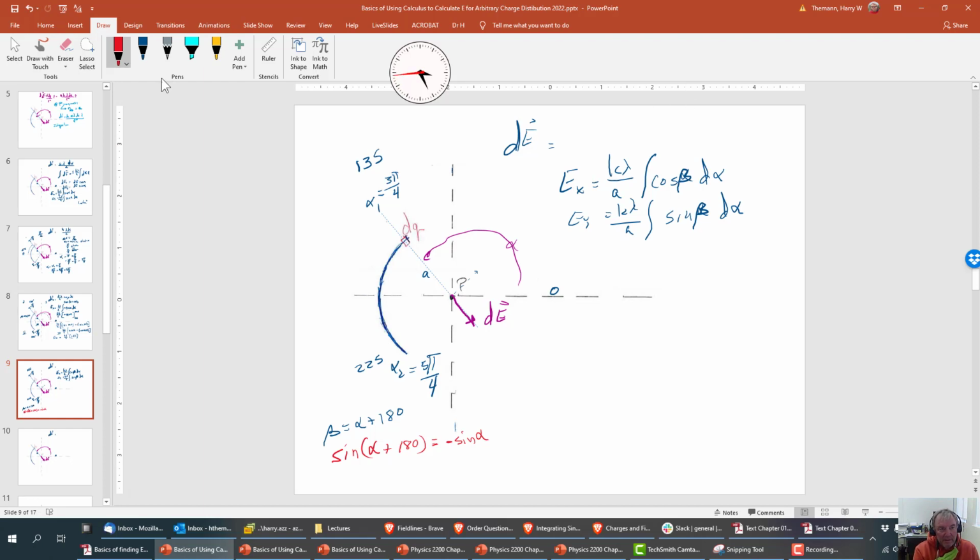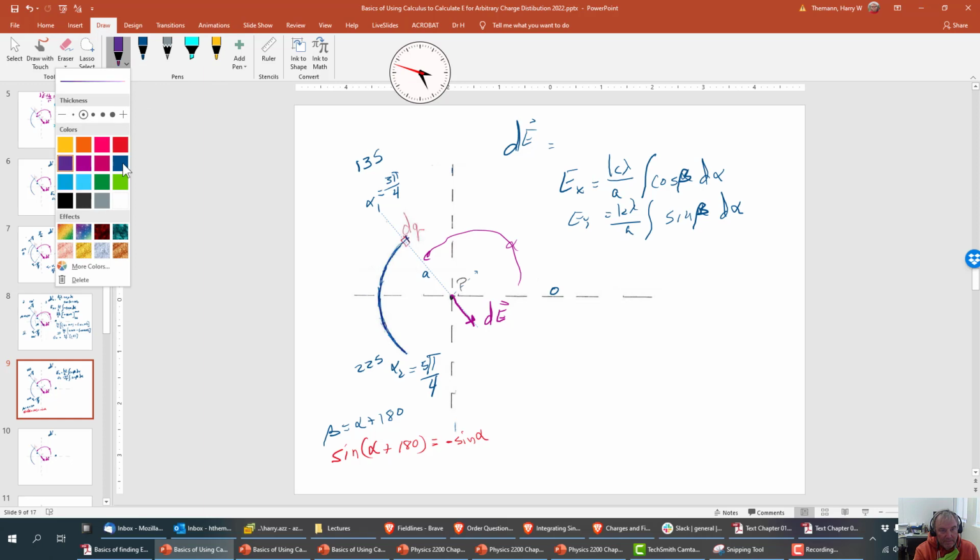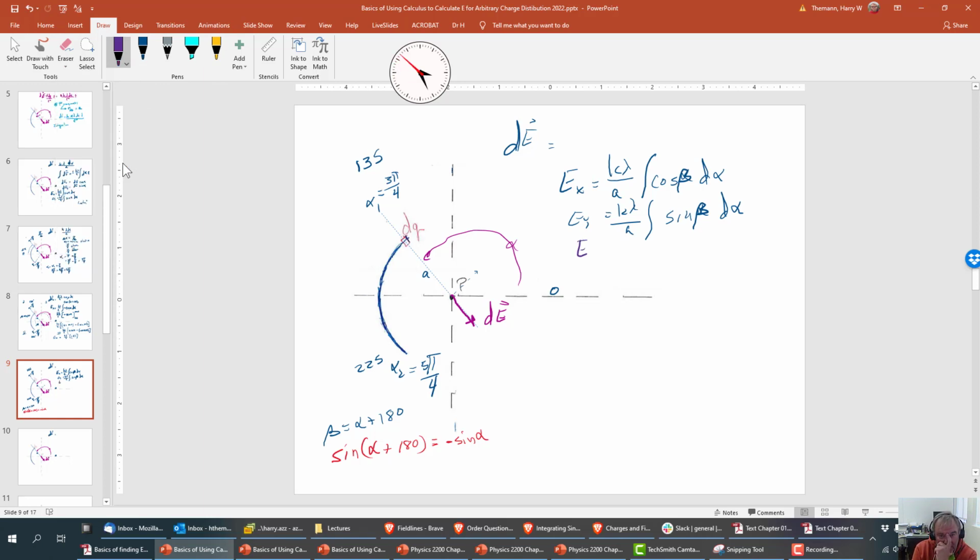So that means that, just as before, we're going to say that E_y equals k lambda over a times the negative sine of alpha d alpha. And then our limits, well, we'll just get pretty tight in there again.